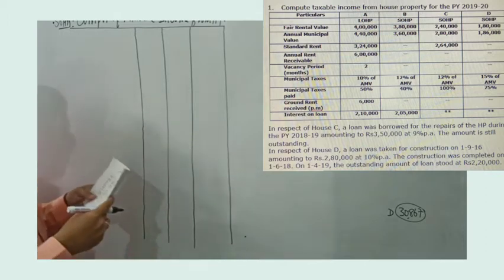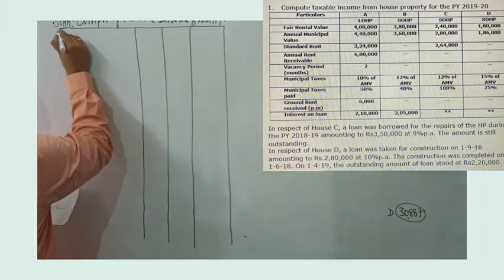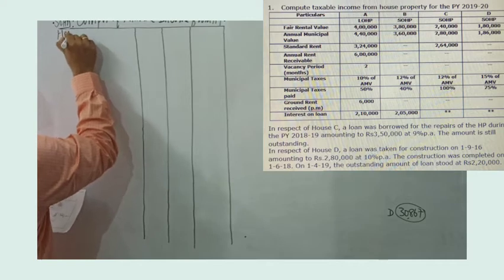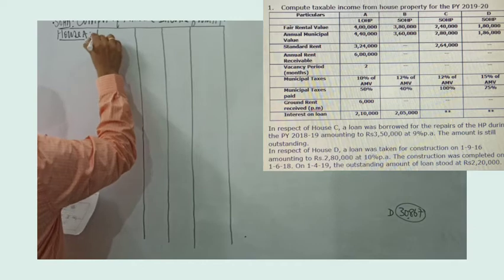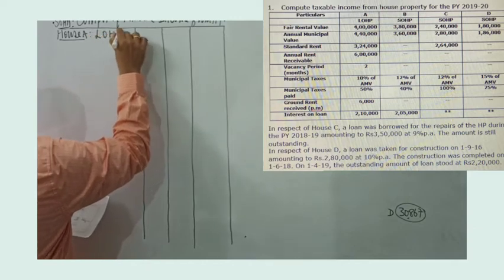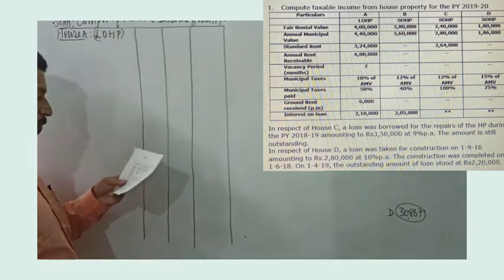Okay, so first we will go with house A. House A is let out house property, clearly given in the problem.